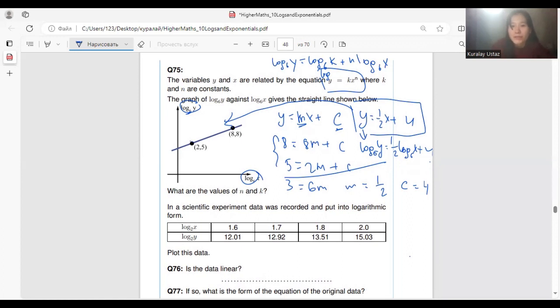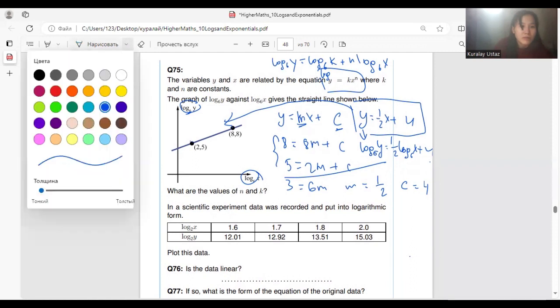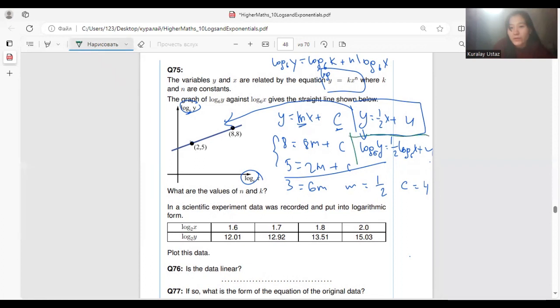So here they are the same. We need to find the value of n, yeah? So n is the coefficient before x. So the value of n is 1 over 2.